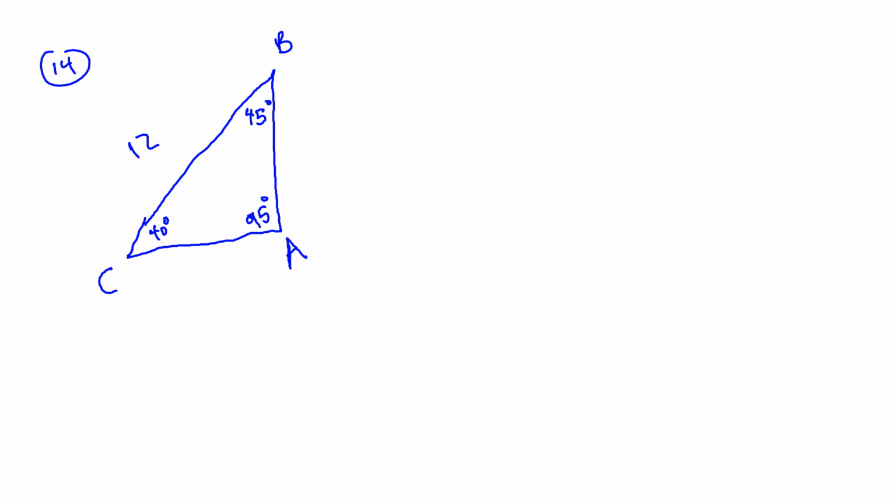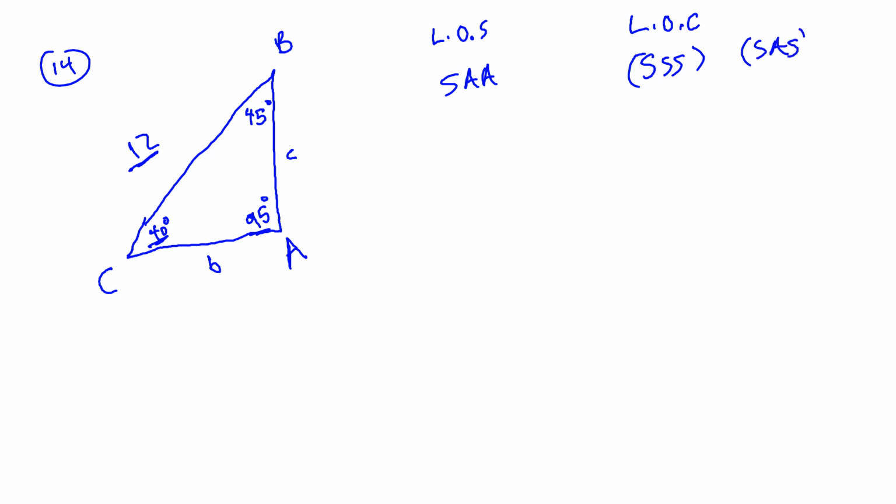All right, so we're asked to find also lowercase b and lowercase c. The initial information gave us a side, an angle, and an angle. So side, angle, angle. This is automatically going to be law of sines, because the only time that we're going to have law of cosines is if it's side, side, side, or what else? Or side, angle, side. Exactly. So what we're going to do is law of sines. So we're going to put b over the sine of b.